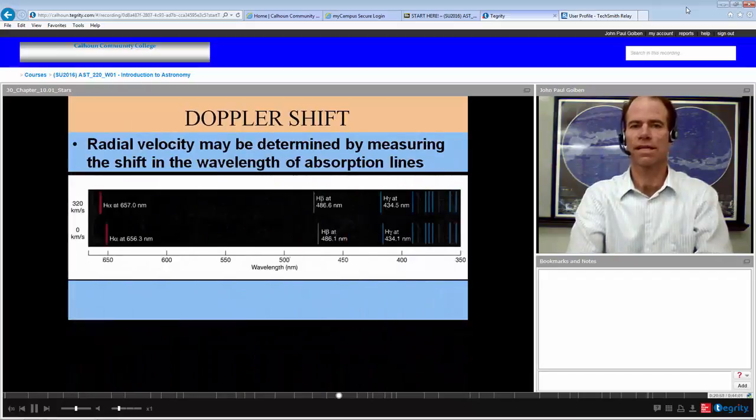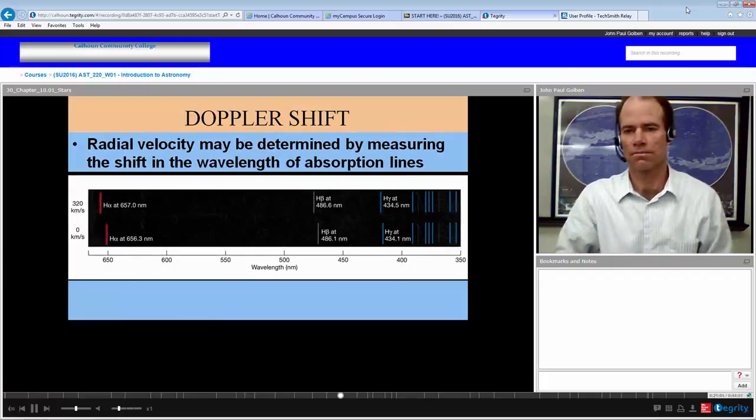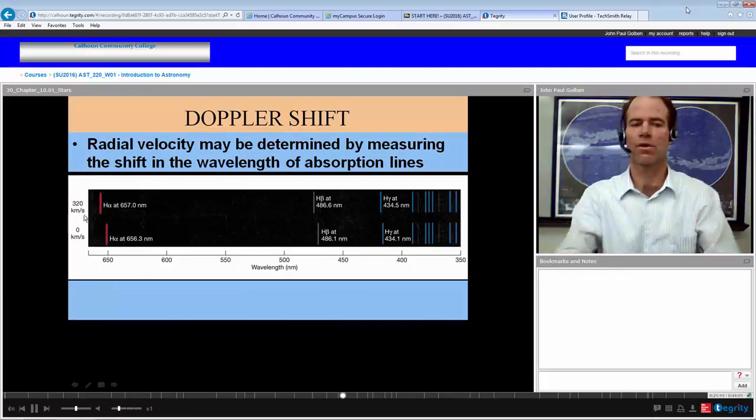As it relates to the light from stars, since the majority of stars that we'd be looking at, 90% of the stars out there, would have hydrogen in them. So if we looked at the characteristic lines of hydrogen, we know what those lines look like when they're at rest in the laboratory compared to us. And so if we look at a particular star, we could see how much its pattern is shifted in relation to a stationary pattern.